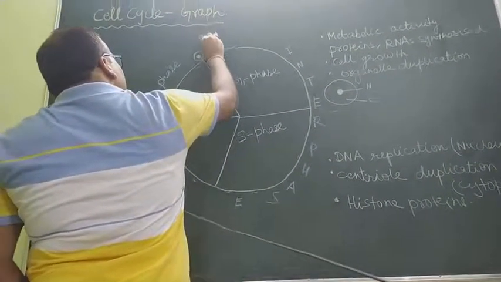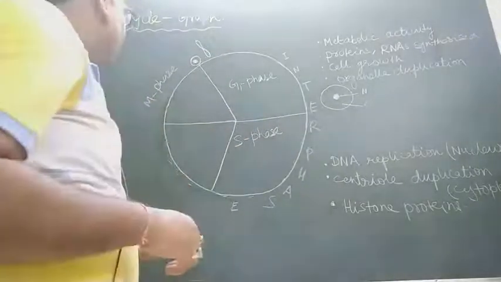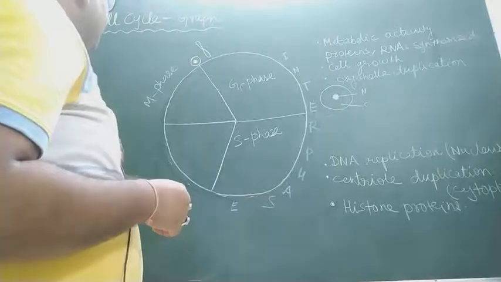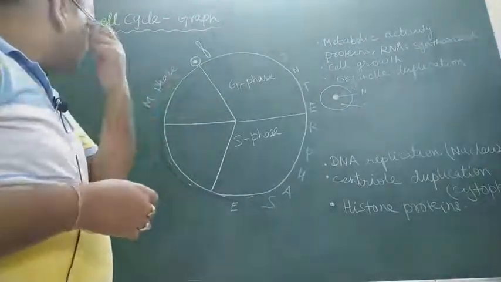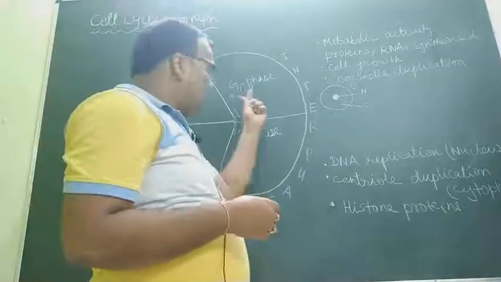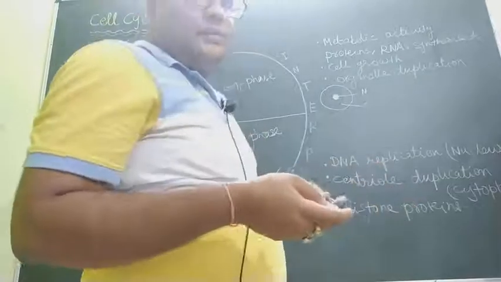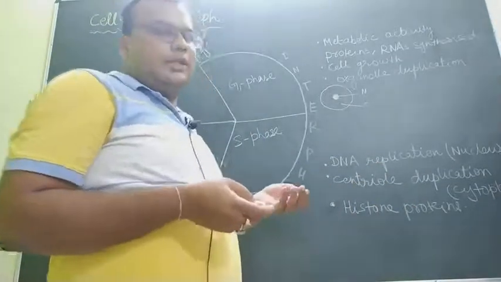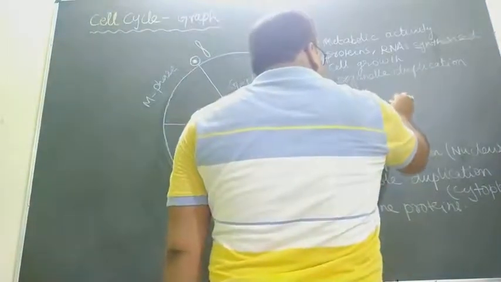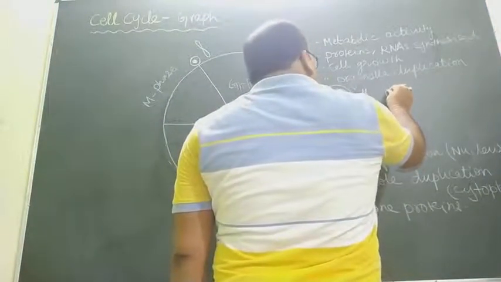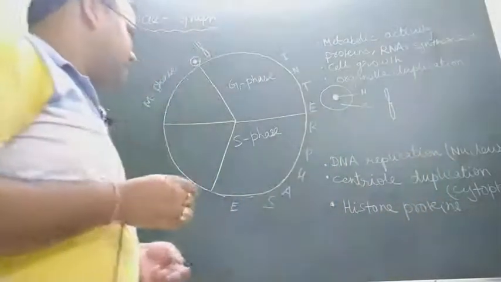Suppose this is a chromosome. Prior to S phase, it will be a single chromatid. After completing G1 phase, there is no change in DNA content, so the chromosome structure remains the same, a single chromatid.